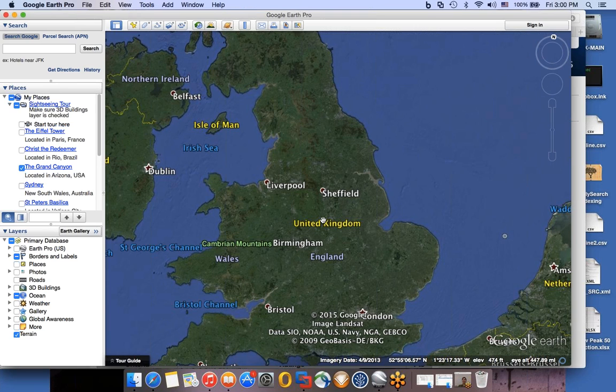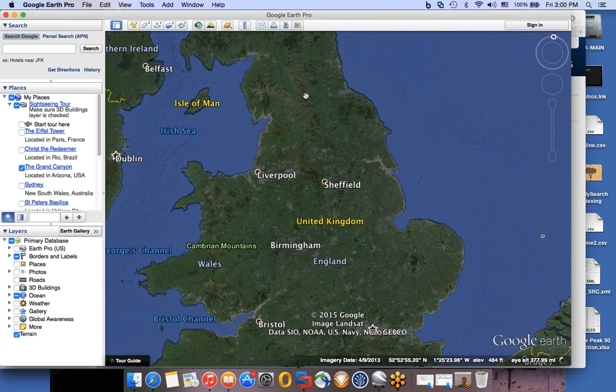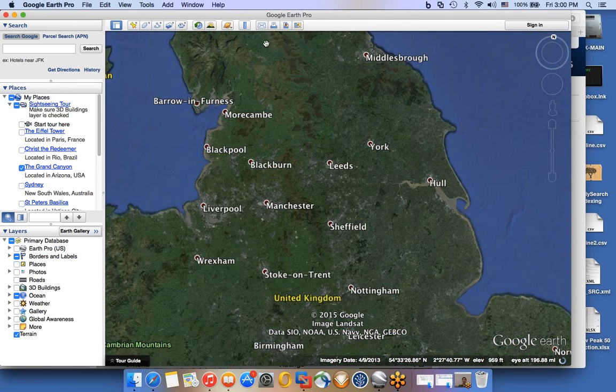For example, here in the United Kingdom, the island of Great Britain has a central massif of mountains that is very rich in coal and iron.